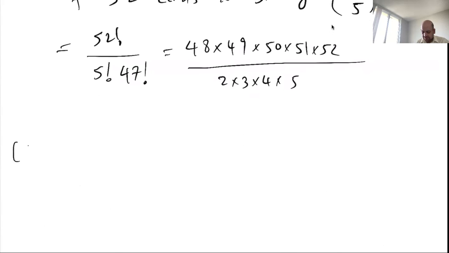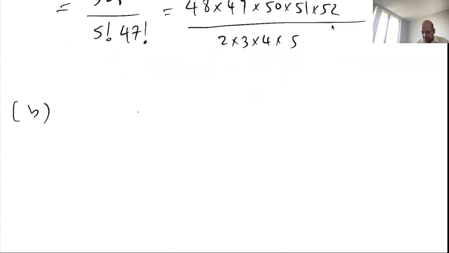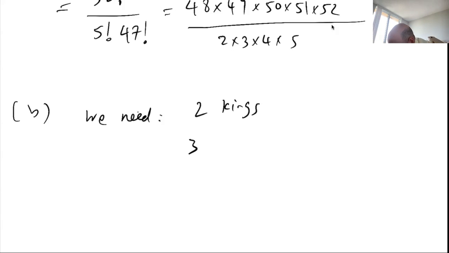So see, I have 5 cards to choose, and we need 2 kings and 3 non-kings.